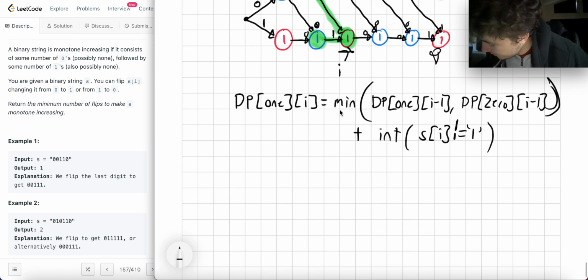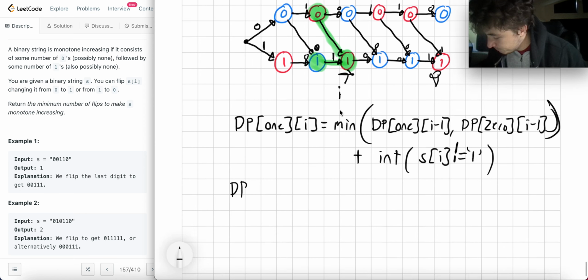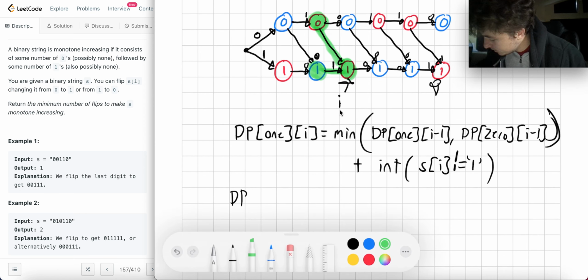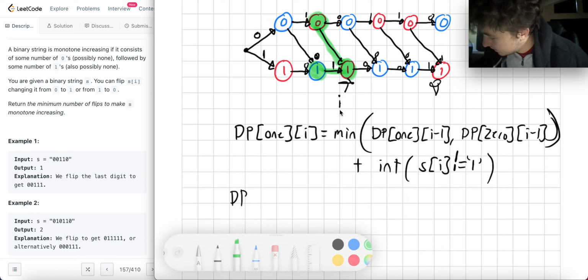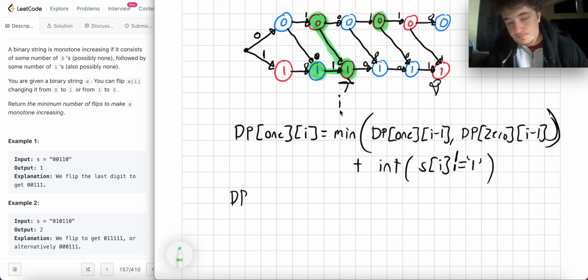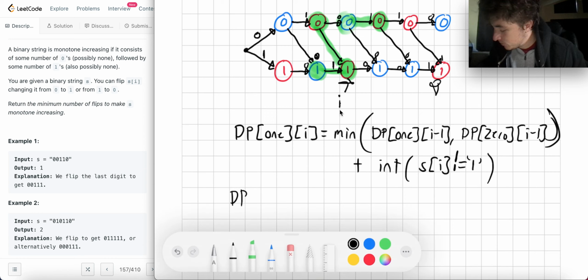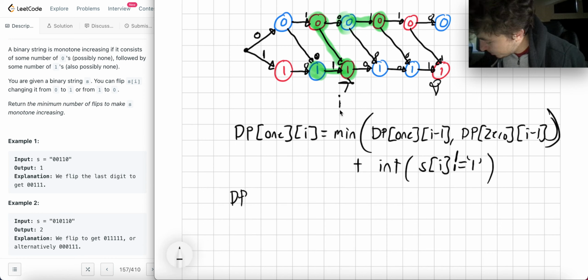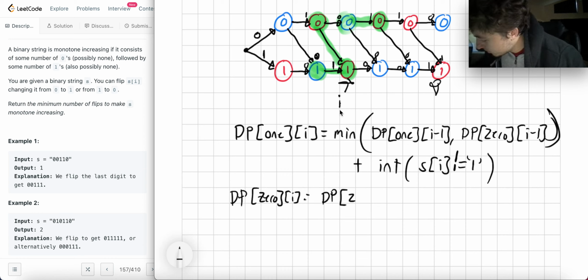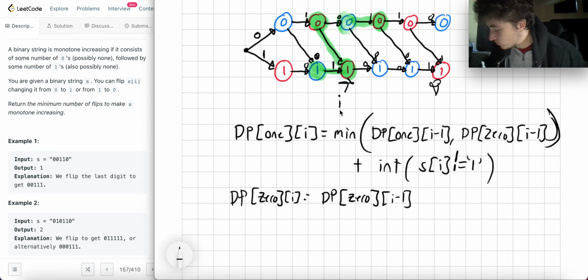Okay? And then DP of 0, very similar. A little bit simpler, right? Because for any 0, like this 0, for example, I only have one previous state to check. So that means DP of 0 at I equals, well, I only have one state, so DP of 0 at I minus 1.